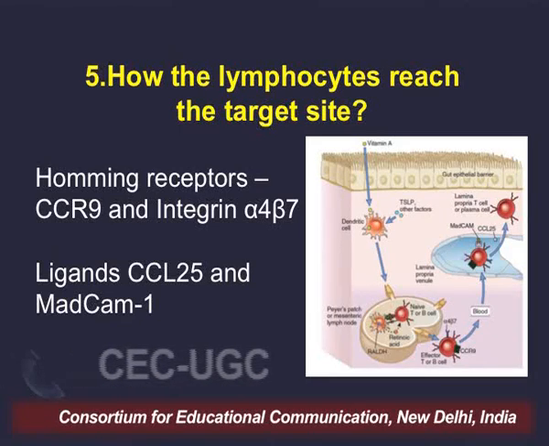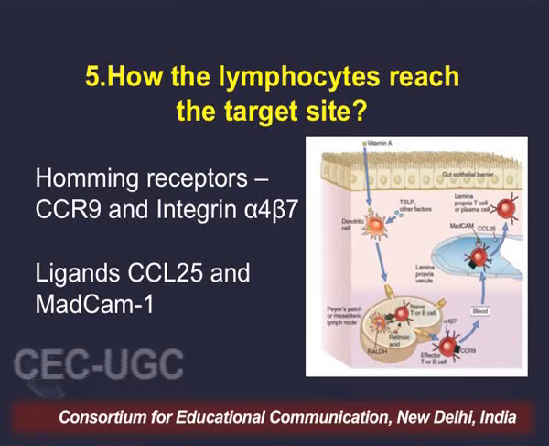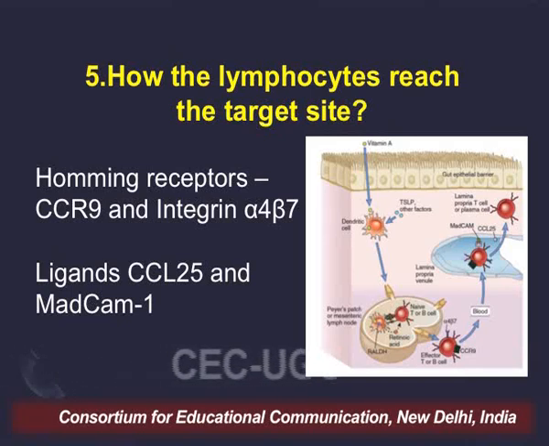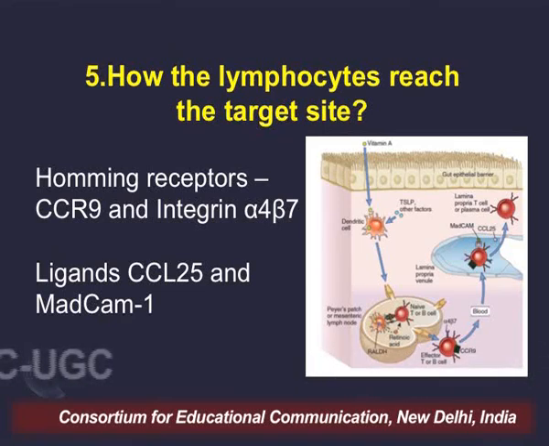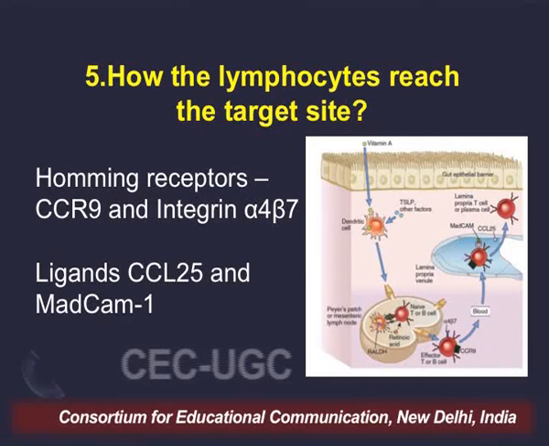Now what happens is that the capillary endothelial cells of the blood vessels in the lamina propria region have the ligands for the chemokine receptor CCR9, and this ligand is known as CCL25, and another ligand, MAdCAM1, which acts as a ligand for the integrin protein alpha 4 beta 7.